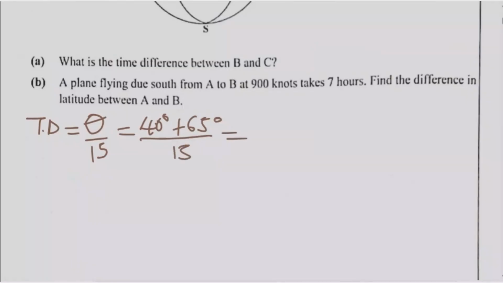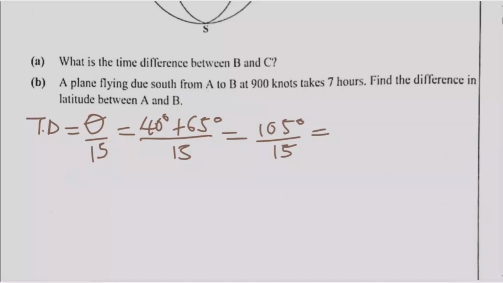40 plus 65 gives us 105 degrees, over 15. Now we want to find the time difference. Remember, every 15 degrees makes 1 hour.